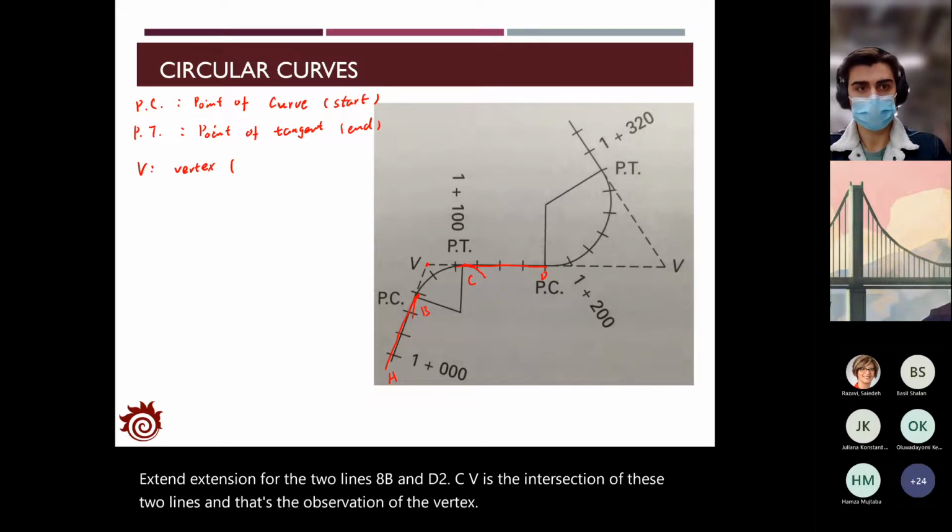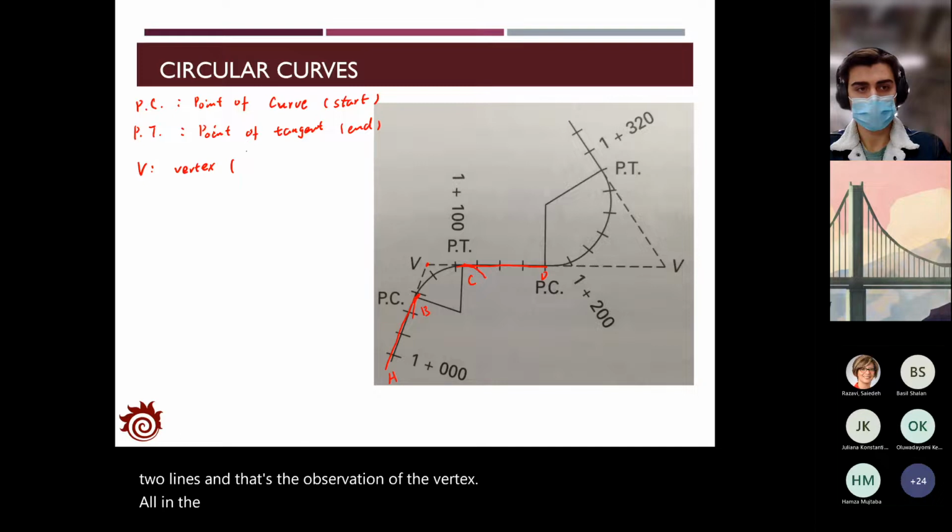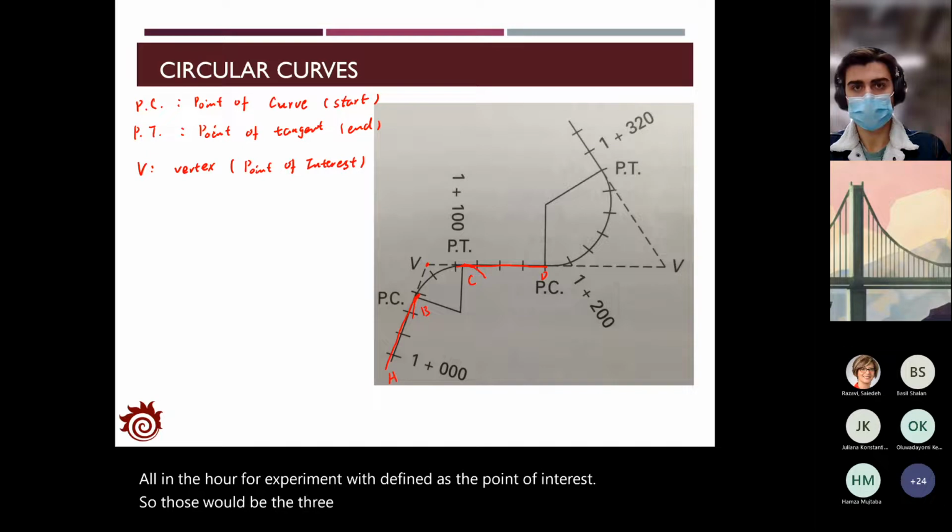Or in our field experiment, we define it as the point of interest. So those would be the three critical points we have to consider to lay out the curve.